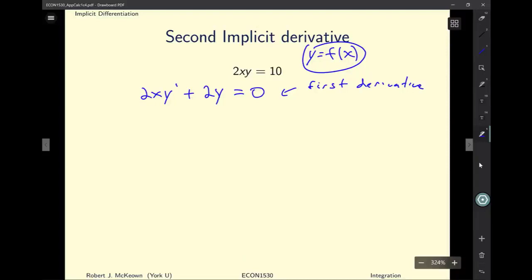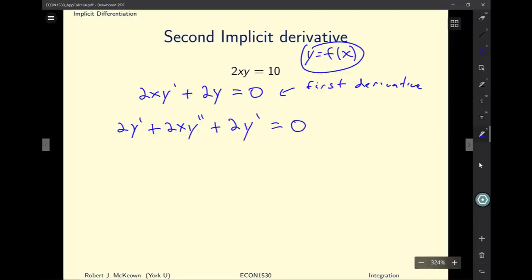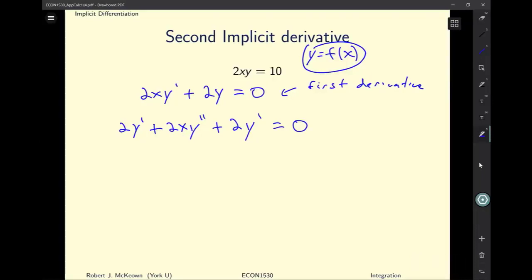Now I'm not going to rearrange it. I'm just going to take the derivative again. And when I take the derivative again, I'm going to have 2y prime plus 2x y double prime plus 2y prime, which is also equal to 0. Now, I'm going to solve for y double prime.